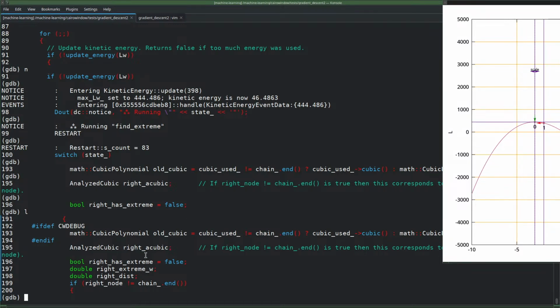When this has to do with the right node. Oh, I didn't change the right node. It just jumped right back using the old right node.